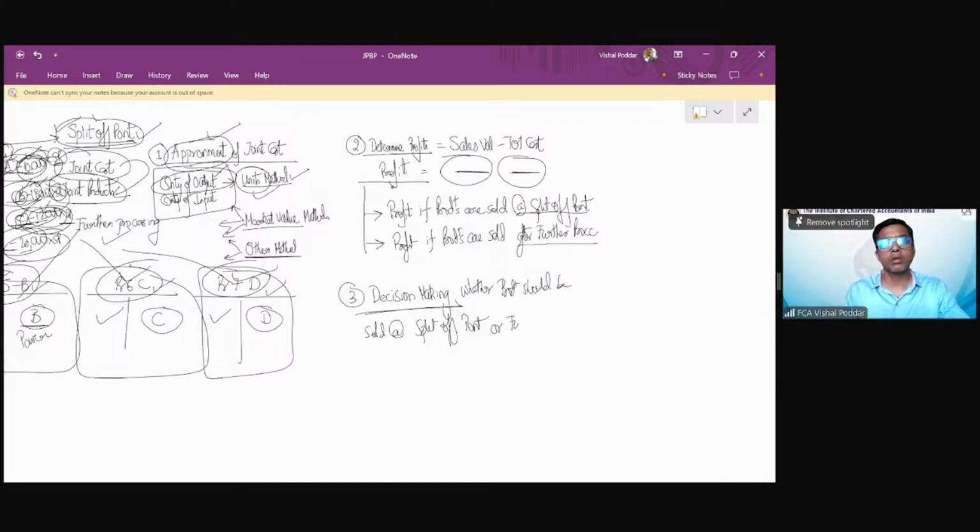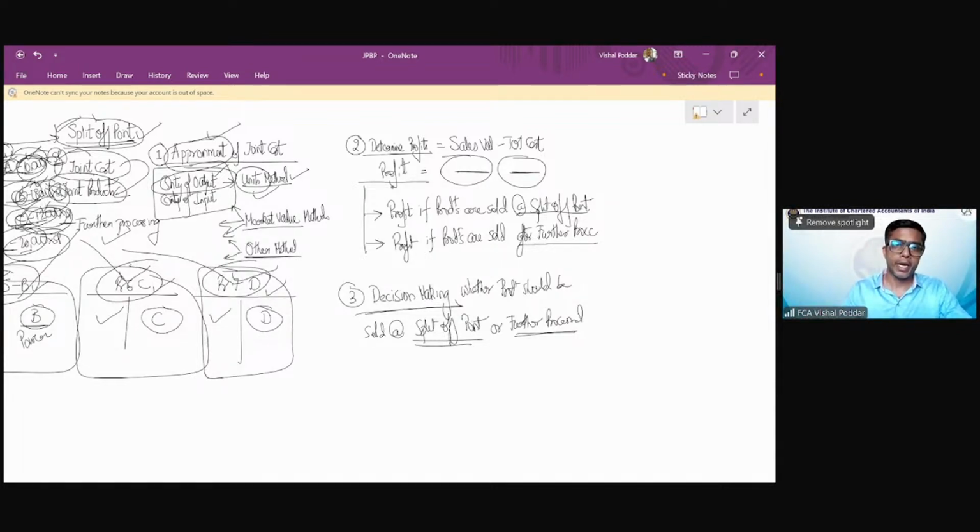Or they should be further processed and sold. So I have my choice. I can sell it immediately once I get the products at split off, or I can process it further, make a better version of it, and sell it after further processing. Both these options I have.